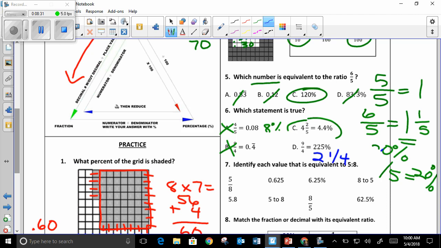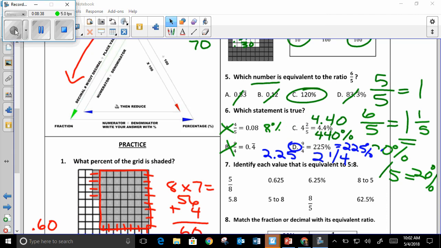Oh, look at that. Which statement is true? So the correct answer is D, not C, because this is 4.40. If you move the decimal to the right or multiply by 100, that's 440%, so it can't be C. The correct answer is D.